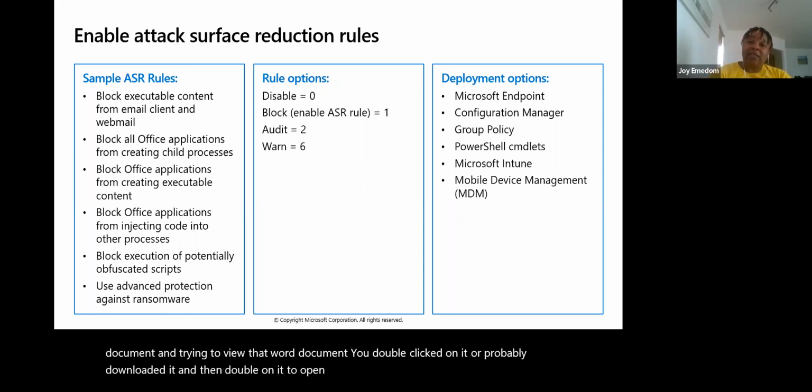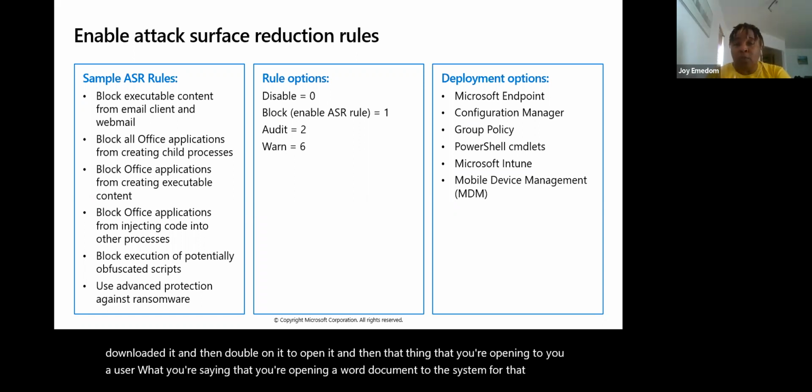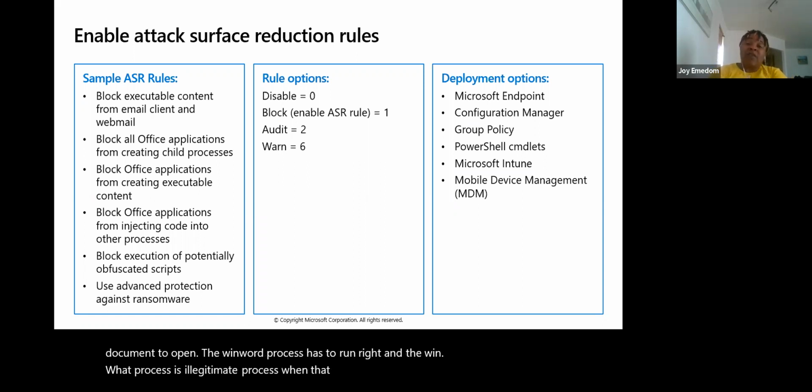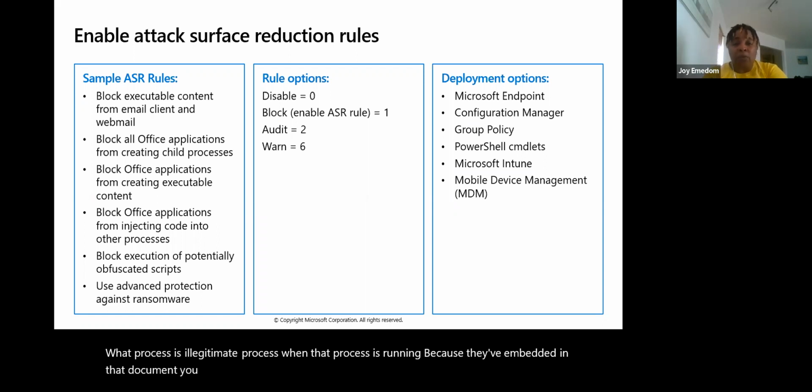To you, the user, what you're seeing is that you're opening a Word document. To the system, for that Word document to open, the WinWord process has to run, and the WinWord process is a legitimate process. When that process is running, because they've embedded payloads and child processes in that document, it begins to activate other child processes that it needs to exploit.